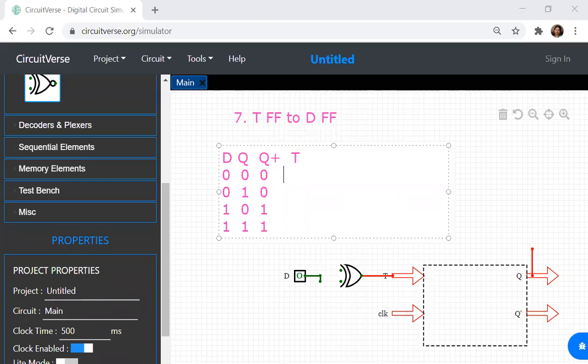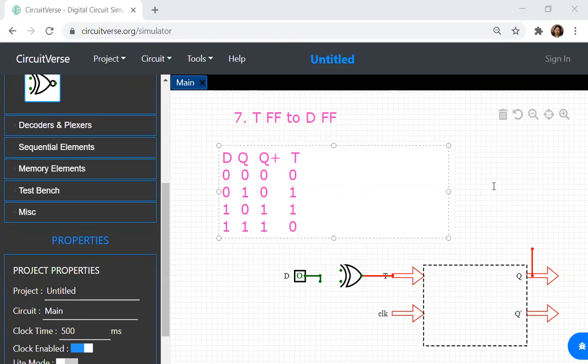Your T value will be 0 from Q and Q plus. Q is 0, Q plus is 0, which means it is a no change state, so it is 0. Q is 1, Q plus is 0. What would have happened? It would have toggled. So T value will be 1, this value will be 1, and this value will be a no change state.